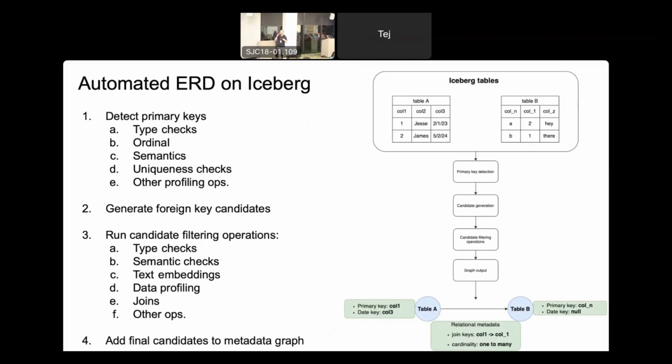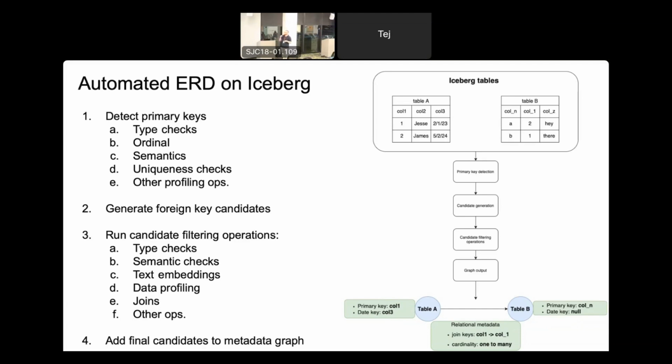How we're doing it is you start sequentially by first finding the primary keys on all the tables. This involves things like, of course, data type checks, the ordinals, the semantics, uniqueness, things like that. Once you've got all the primary keys, you can start looking at what foreign key candidates potentially point to those primary keys across different tables. That's really the essence of it.